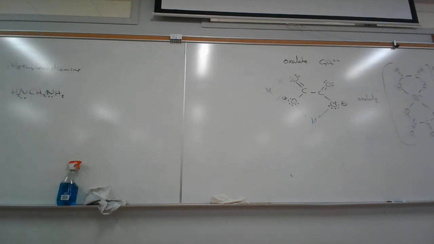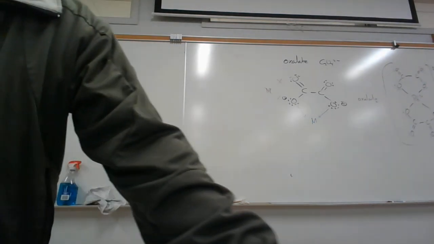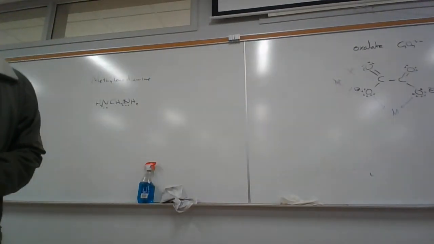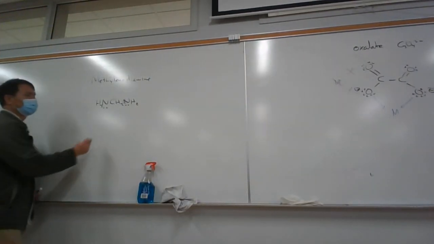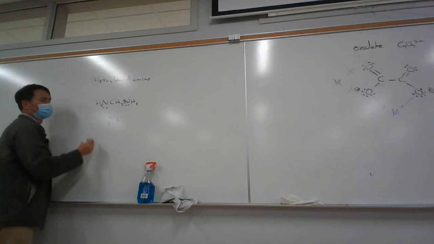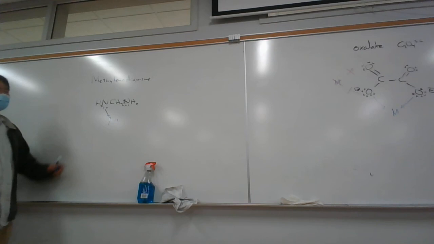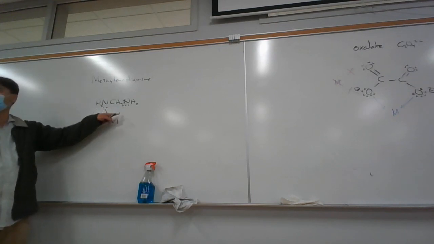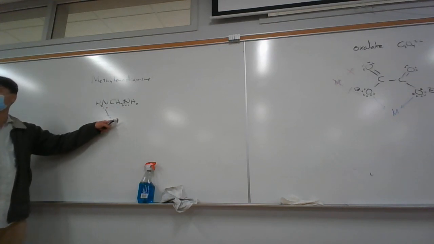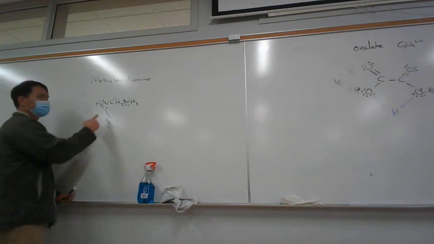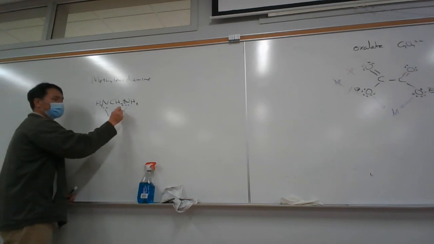Would you expect this to be bidentate or monodentate? So what we'll do is we'll put a metal here, and if this lone pair binds here, do you expect the second lone pair over here to bind as well? Why or why not? So if one lone pair binds, will the second one come in and bind? That's the question.